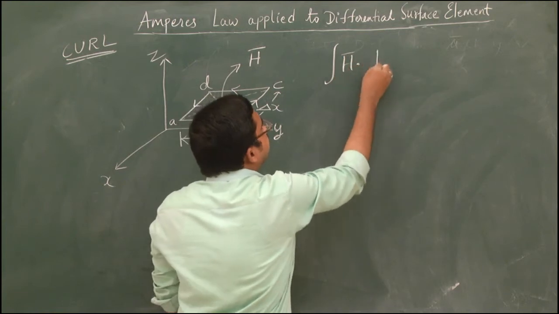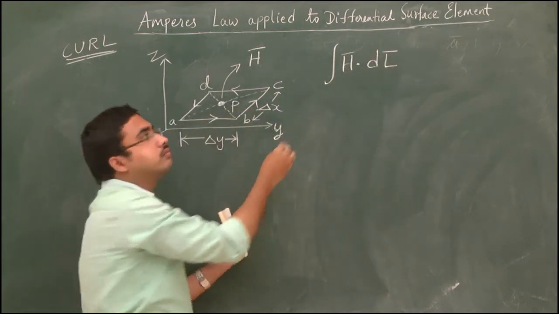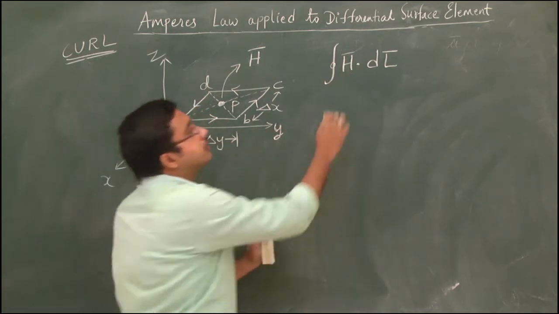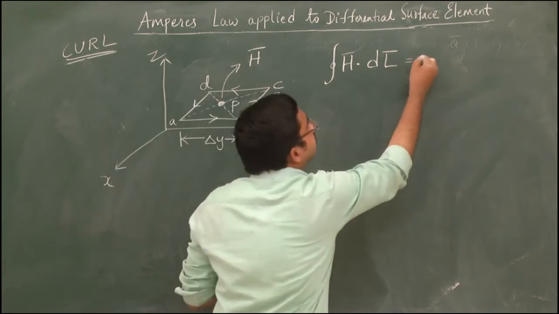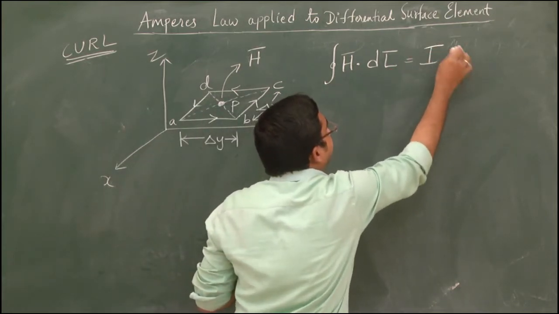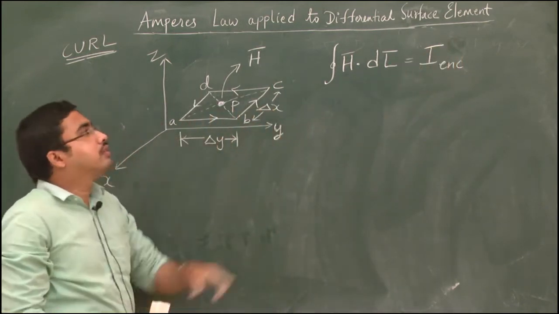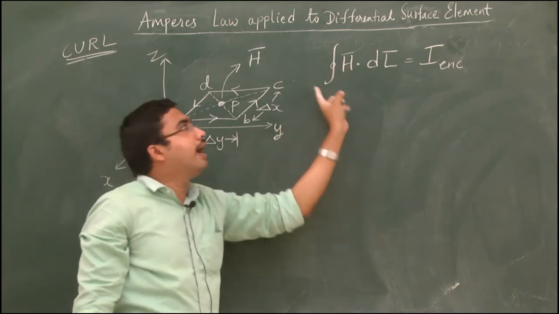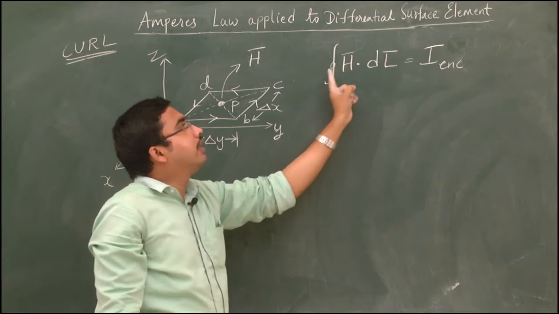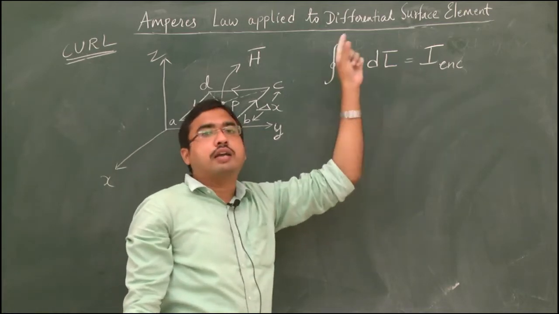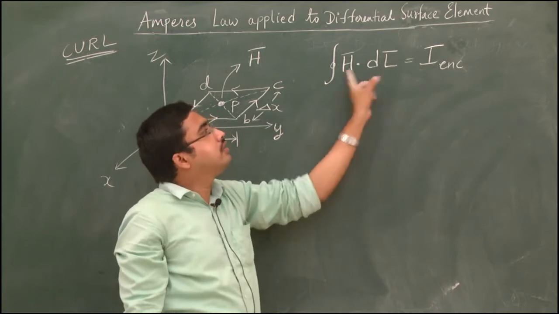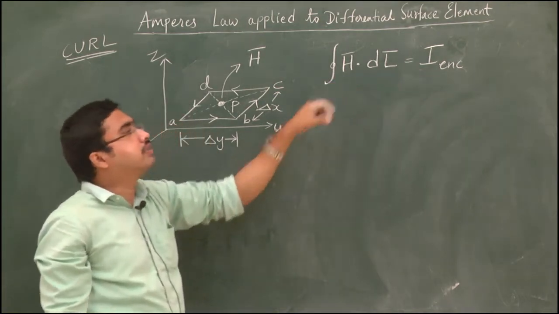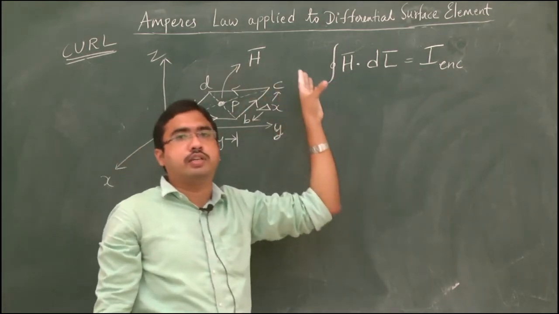Okay, the line integral of magnetic field intensity around a closed path, H bar dot dl bar, is equal to the current that is flowing in that path. This is the Ampere circuital law integral form, the mathematical representation of Ampere circuital law, which we have already proved in our previous derivations.